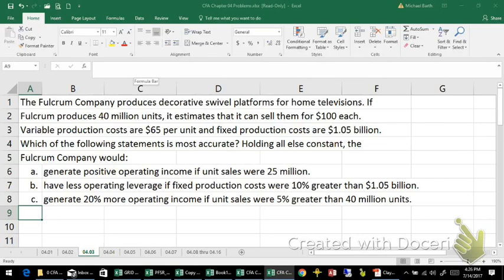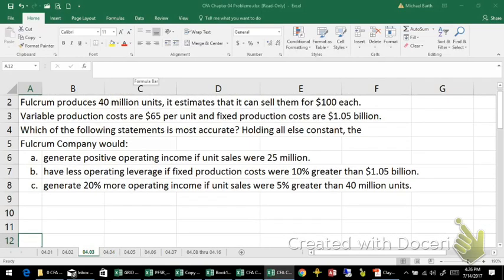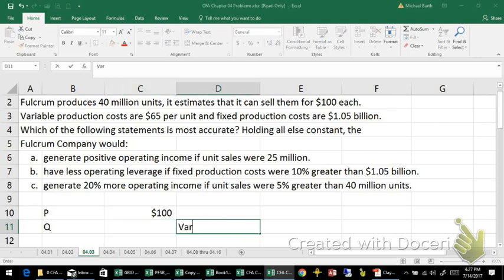The Fulcrum Company produces a product that sells for $100 each. The variable production costs are $65 each, and the fixed production costs are $1.05 billion, and they produce 40 million units per year. So let's write down what we know. P, which is price, is $100.